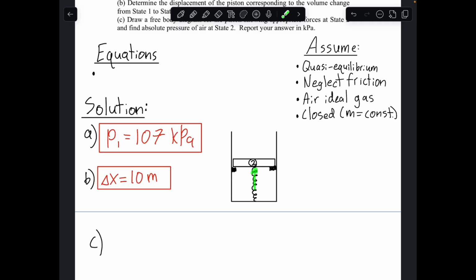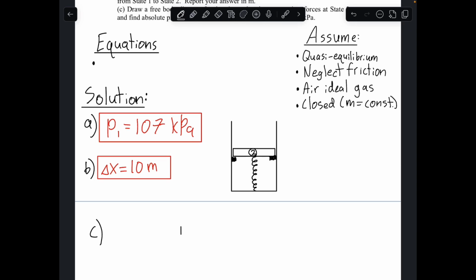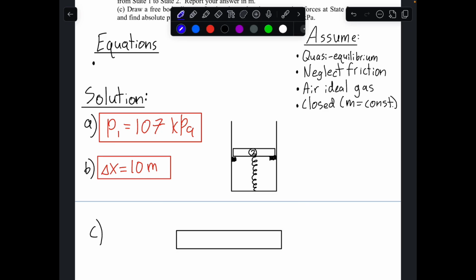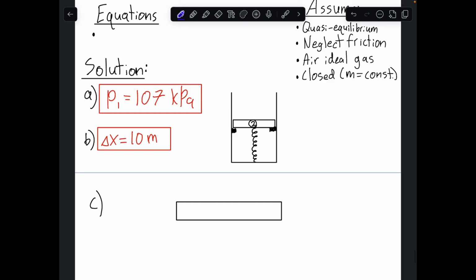So it will have an upward force on this piston. So that's all the forces we need to think about. So let's draw our free body diagram. Let's draw another rectangle here and label all of those forces. So we said we will still have some weight of the piston, which will just be equal to the mass of the piston times gravity.